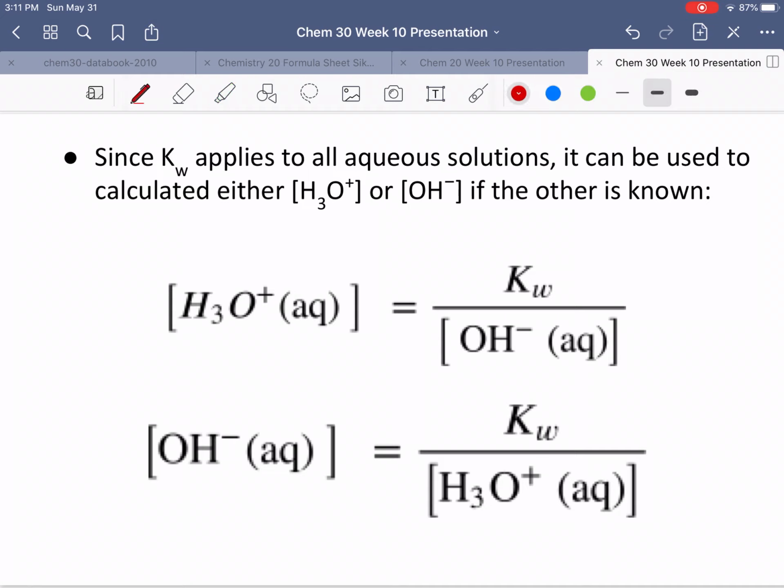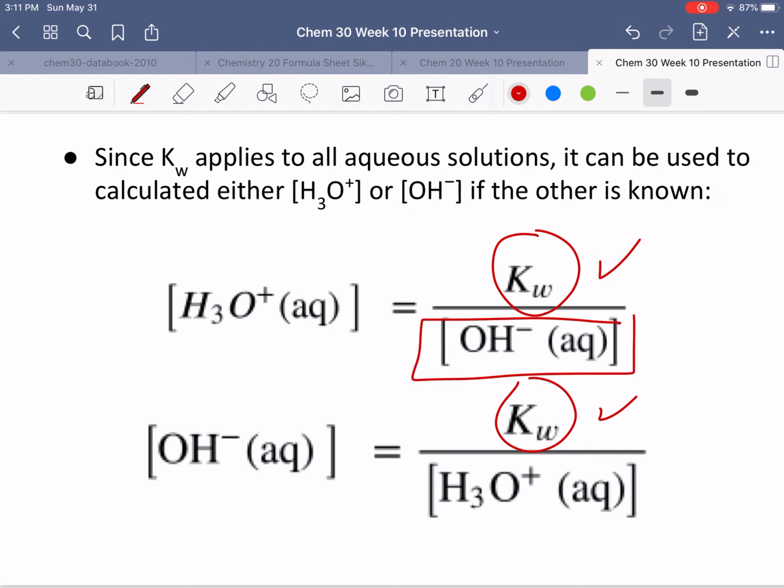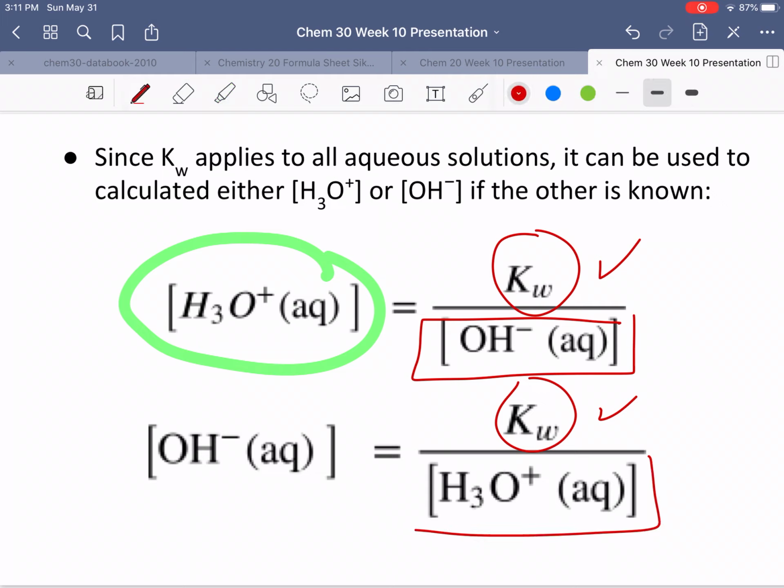In other words, we always have Kw. That's a done deal. And as long as we have hydroxide concentration, we can get hydronium. And vice versa, as long as I have hydronium concentration, then I can get hydroxide. That's super useful. Just by knowing Kw, there's a massive wealth of information for any equilibrium system.